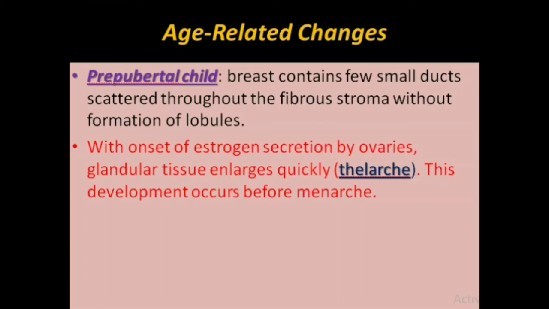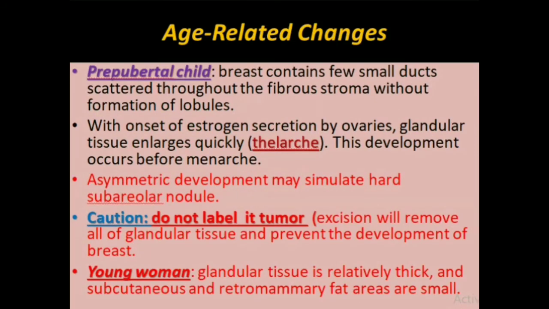This development occurs before menarche. Asymmetric development may simulate a hot subareolar nodule. Here, we must be careful not to label it as a tumor. Excision will remove all of the glandular tissue and prevent the development of the breast.